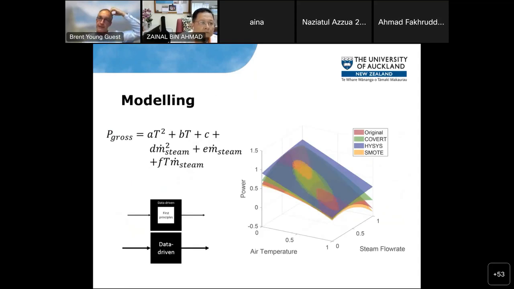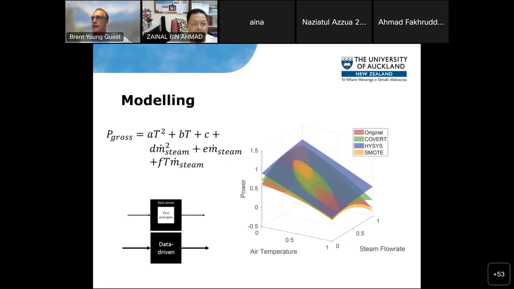We also, as I mentioned before, wanted to compare it to HYSYS, and it's a bit hard to see here, but in the red we've got the original data set. The blue is the validated HYSYS model of the ground truth, if you like, and our COVERT is in green, and the SMOTE technique is in orange.